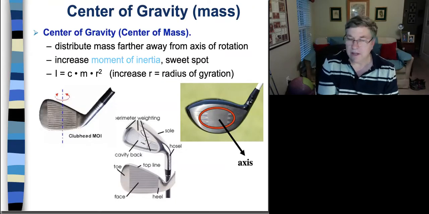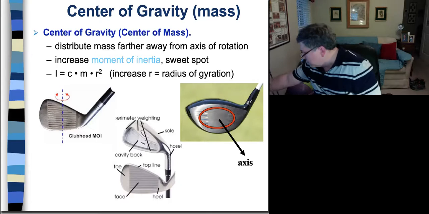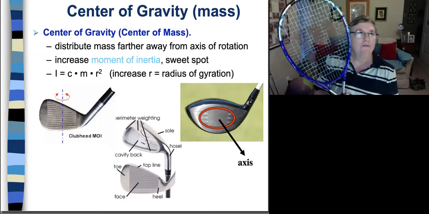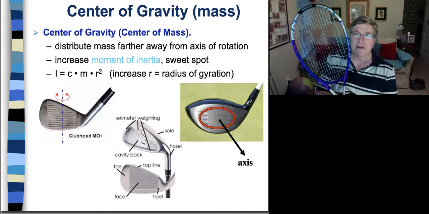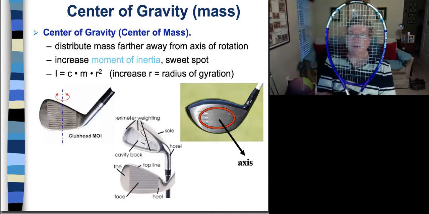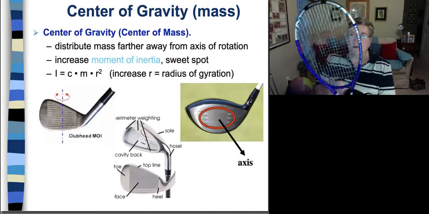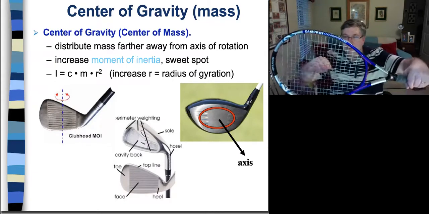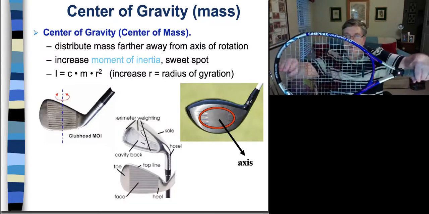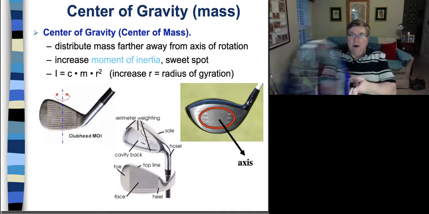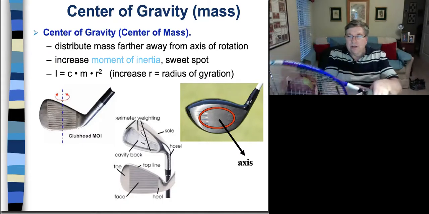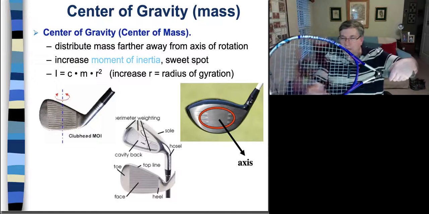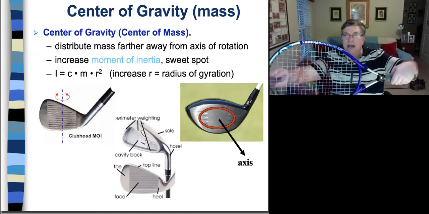So golf clubs and tennis rackets really went through the same evolution over the last, well, about 45 years. And that evolution is twofold: increasing the distance between an axis of rotation along, we're going to call this the z-axis if we're hitting a forehand shot, the axis of moving the mass away from the axis of rotation along the z-axis.